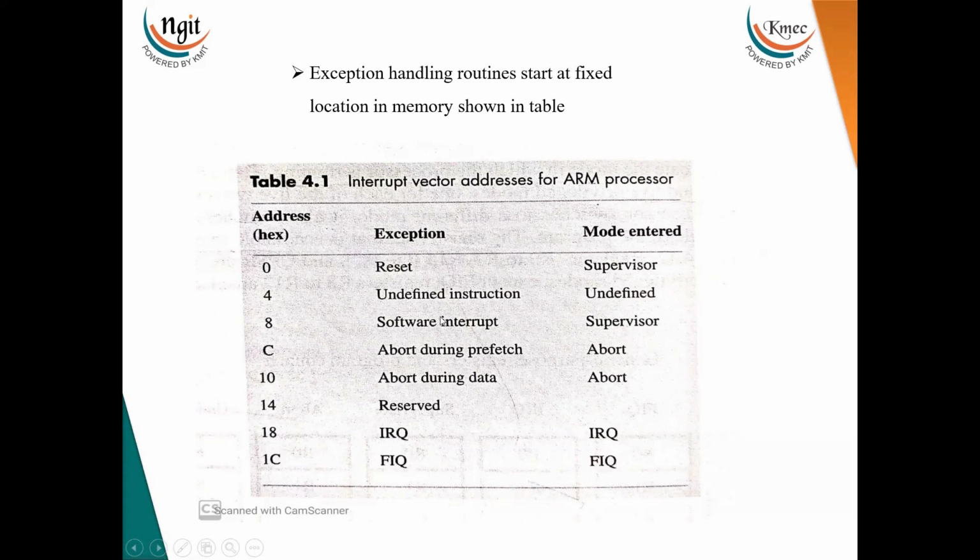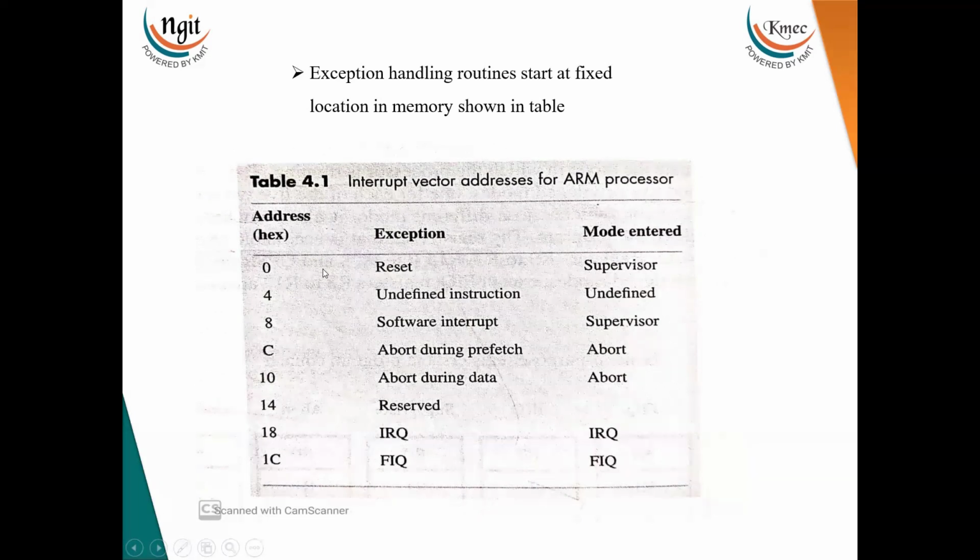Now, whenever the different exceptions are raised, the processor is supposed to execute the exception service routine. To run that exception service routine, the processor should know the starting address. For that, if this reset occurs, then the processor will go to this address. Here the branch instruction is mentioned.